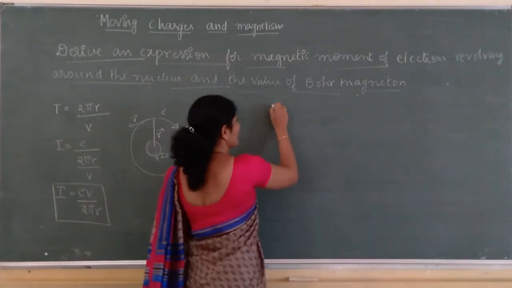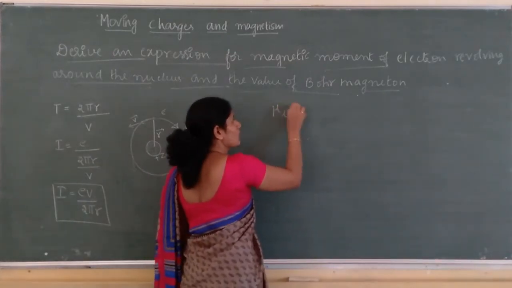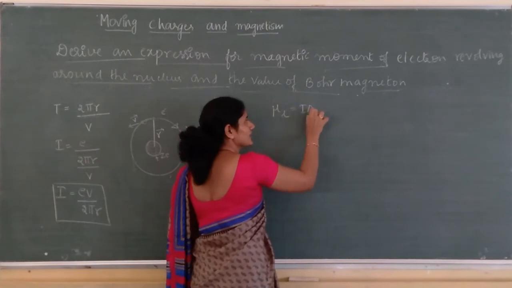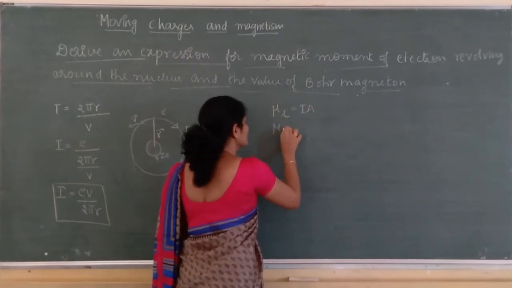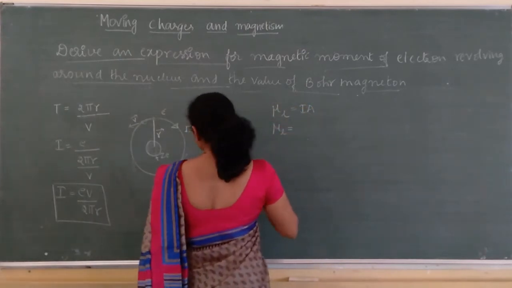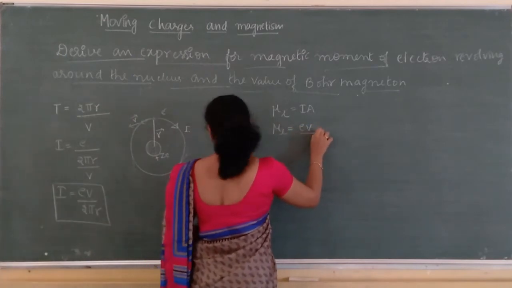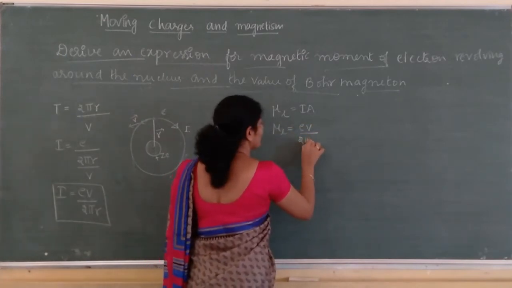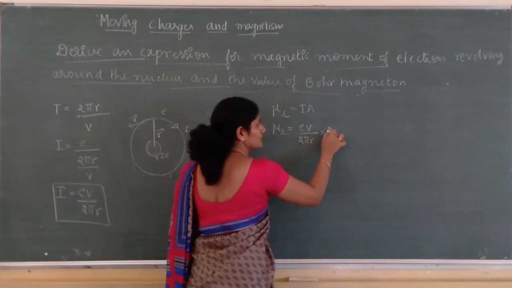So, the general expression for magnetic moment is current into area. Here mu L is equal to current, which is EV divided by 2 pi r, into area.